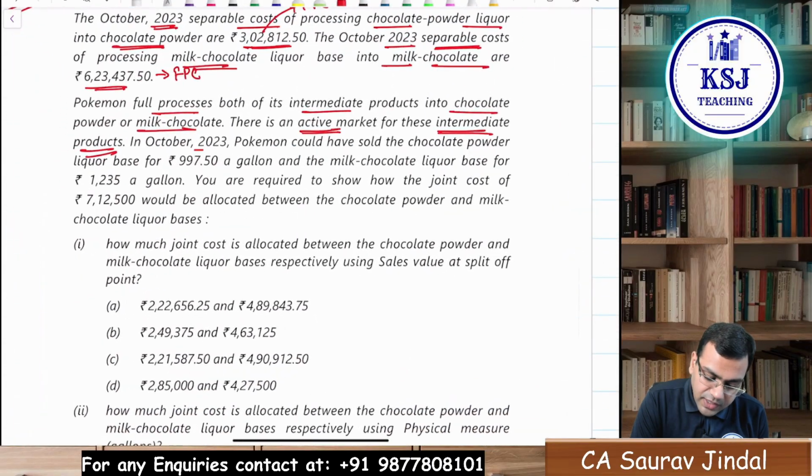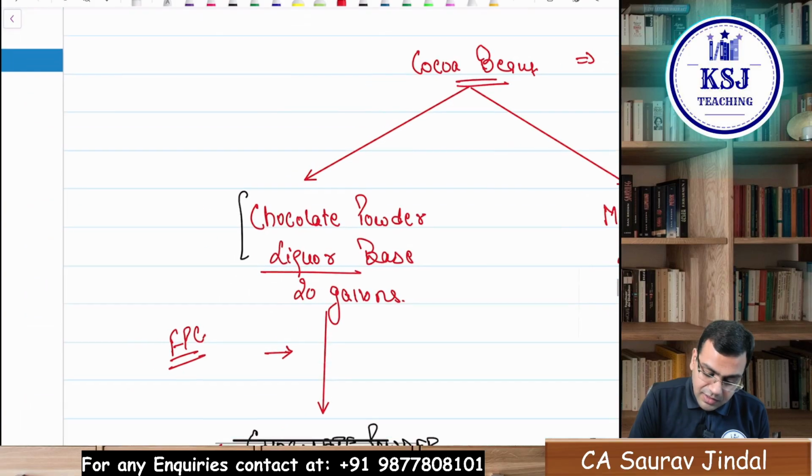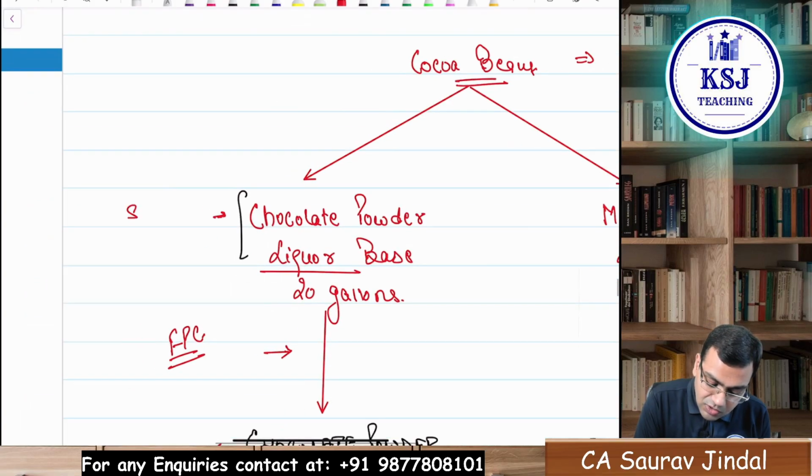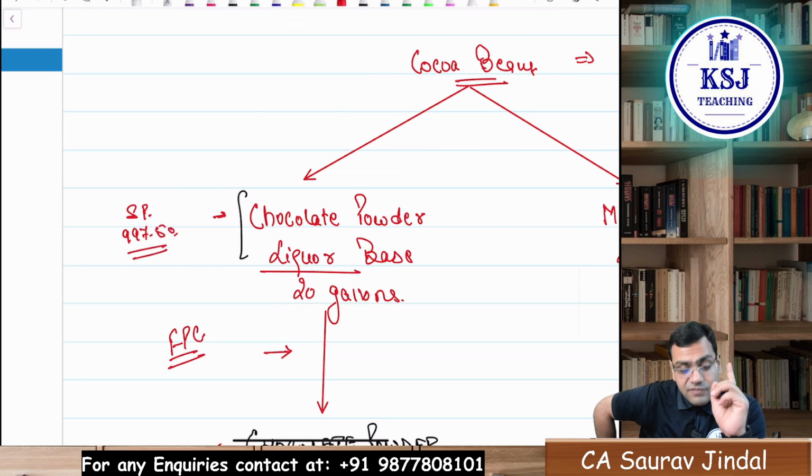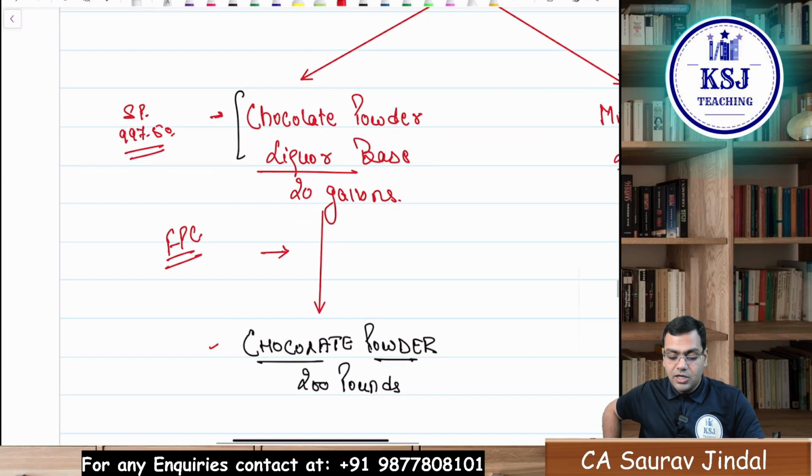In October 23, the Pokemon could have sold the chocolate powder liquor base for 997.5 a gallon. That means the selling price of this product at split off point is 997.50. They say the company could have sold this liquor base as such without further processing it into chocolate powder.